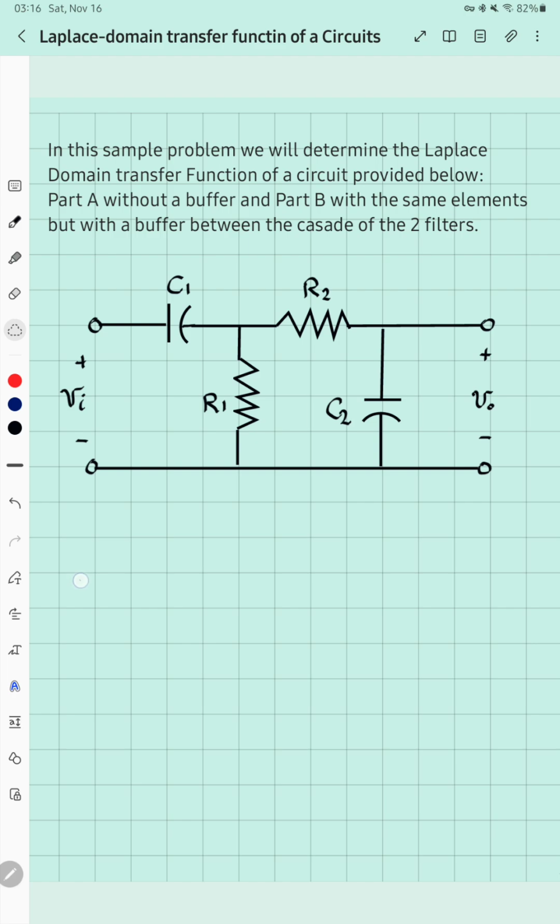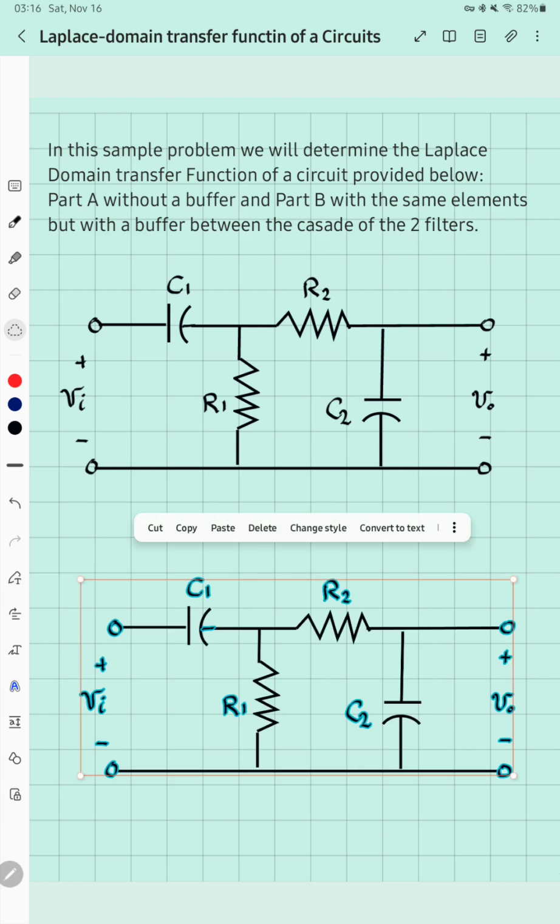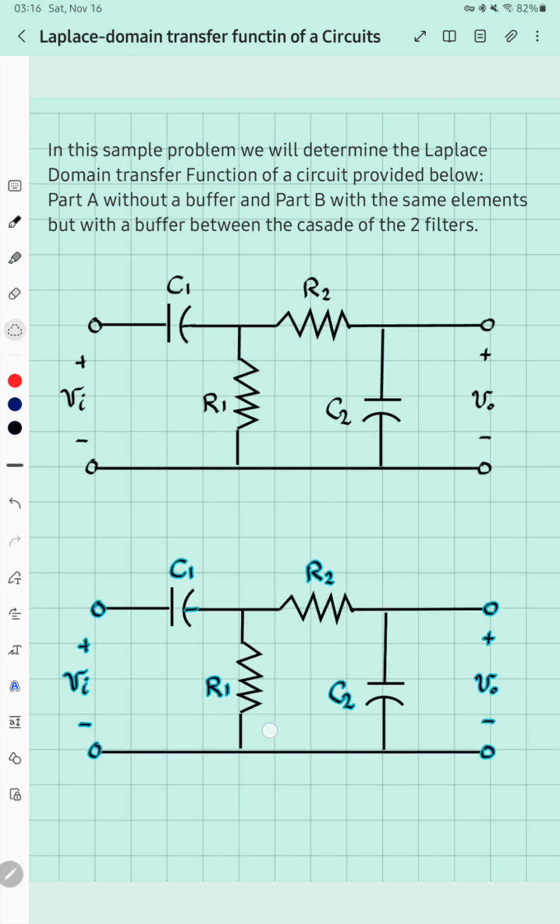First, we redraw it in the Laplace domain. It's the same circuit as above.